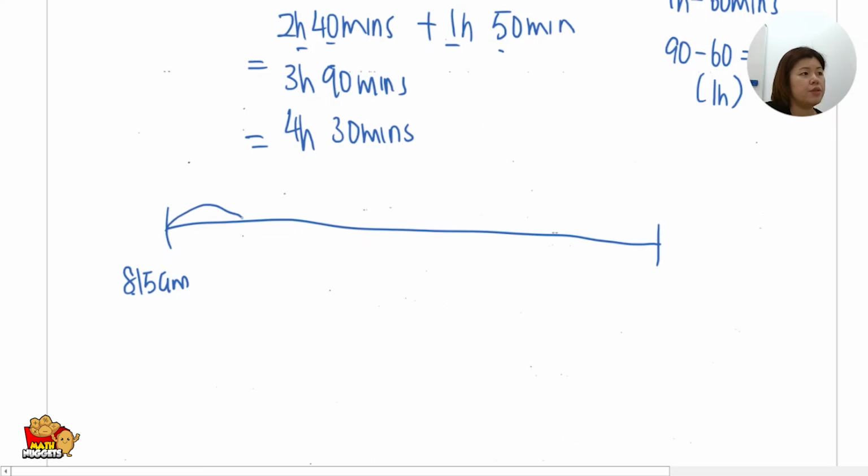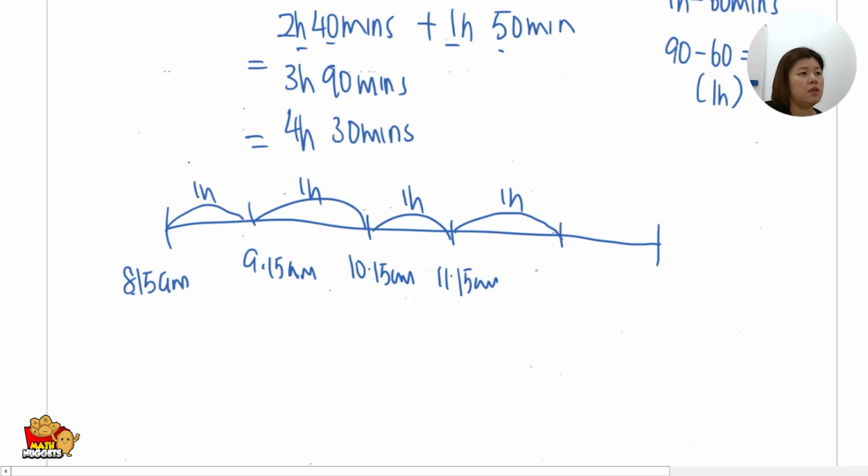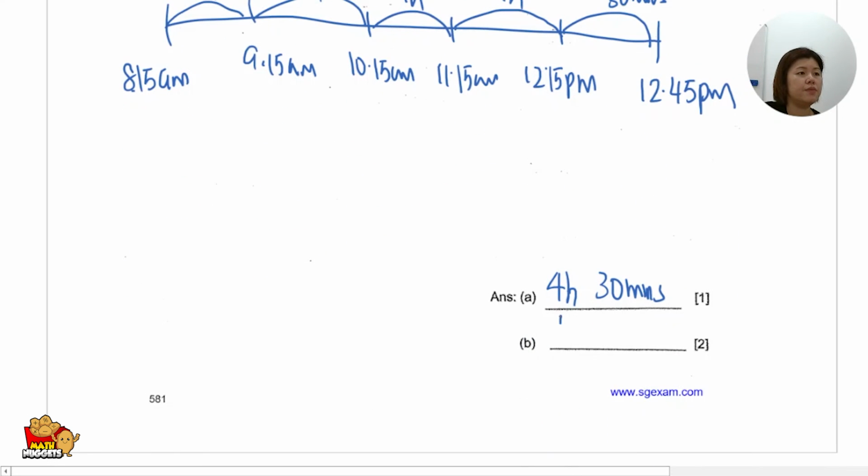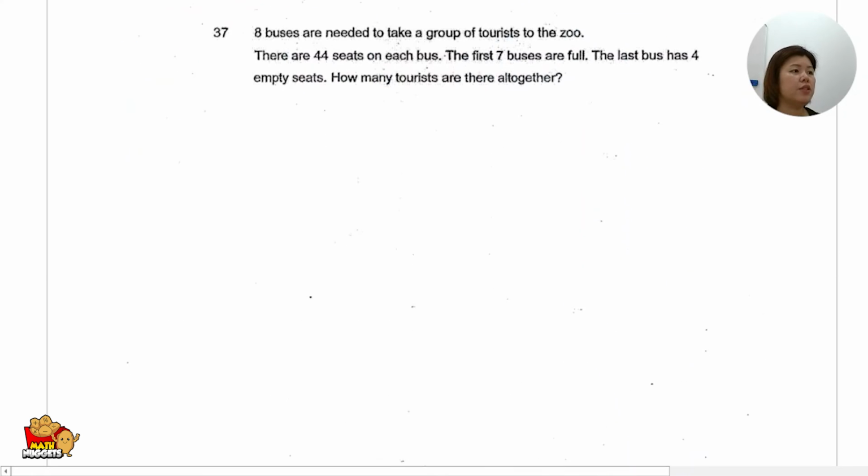So 4 hours, 1 hour, 9:15, 1 hour, 10:15, 1 hour, 11:15, and 12:15 p.m. 30 minutes, 12:45 p.m. Oopsie. Okay, let's move on to the next one.